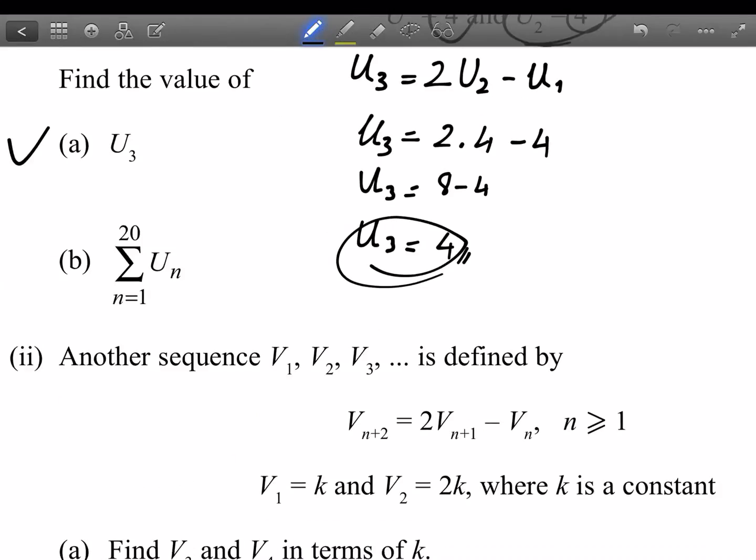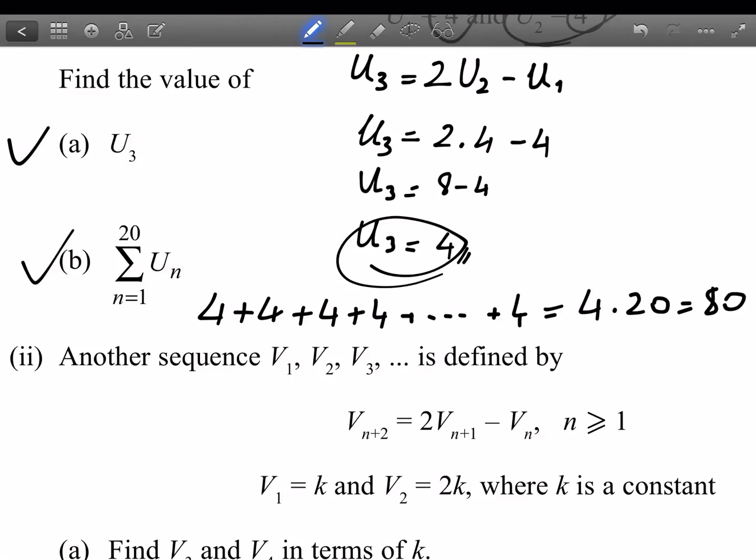Then we have to add 4 plus 4 plus 4 plus 4 plus, with 20 terms we will get 4 times 20, 80. The second part is done.